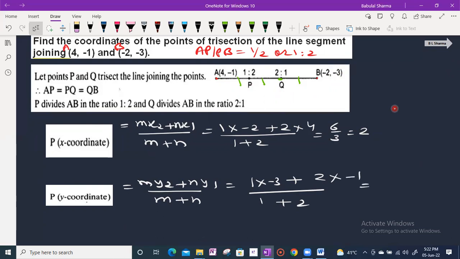So we can say minus 3 minus 2, that is minus 5 upon 3, that is minus 5 by 3.